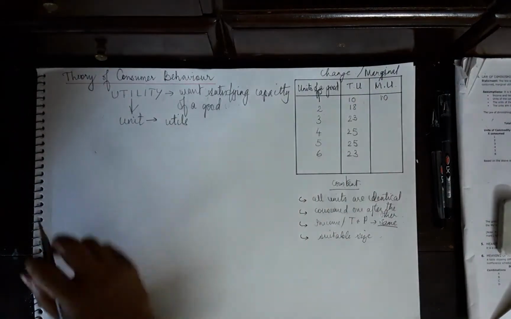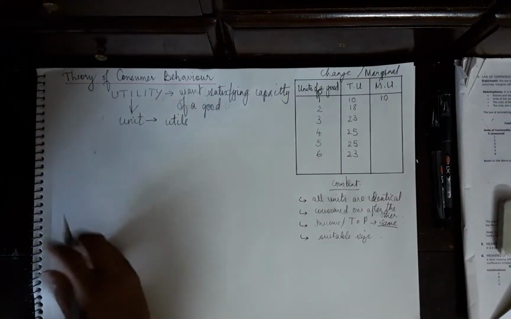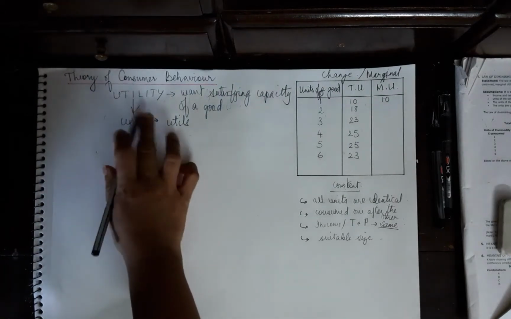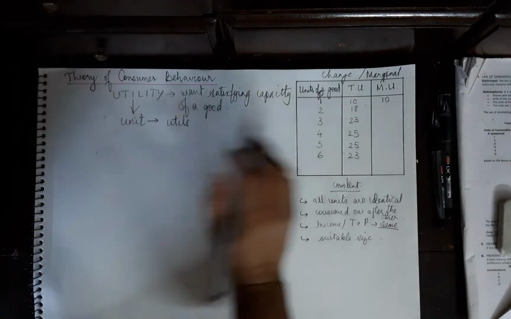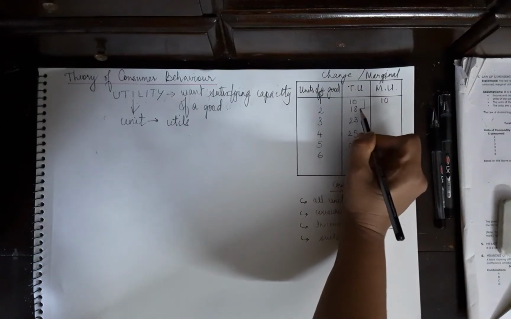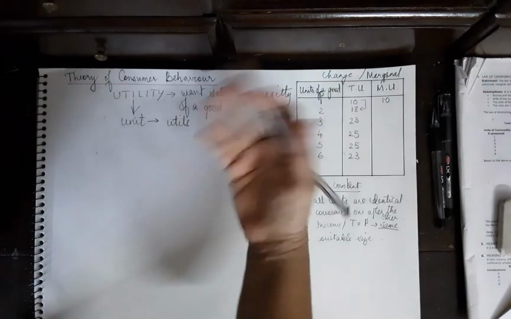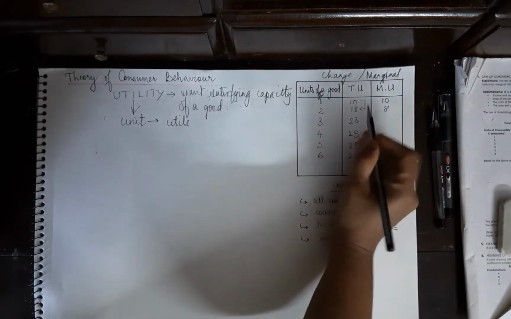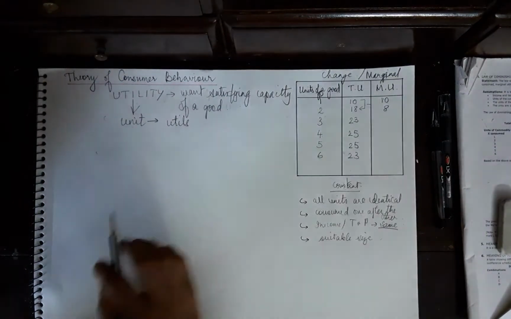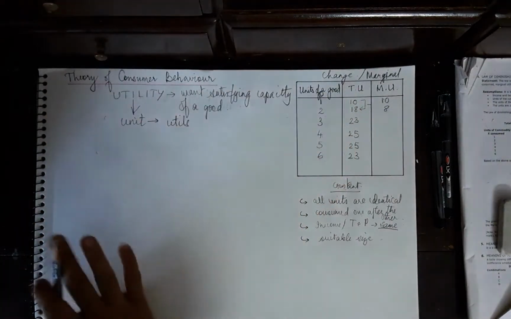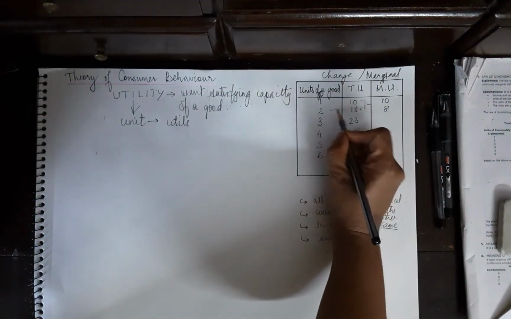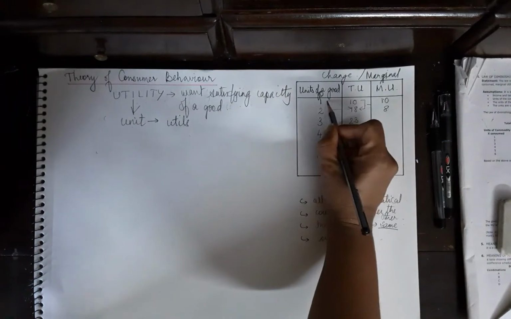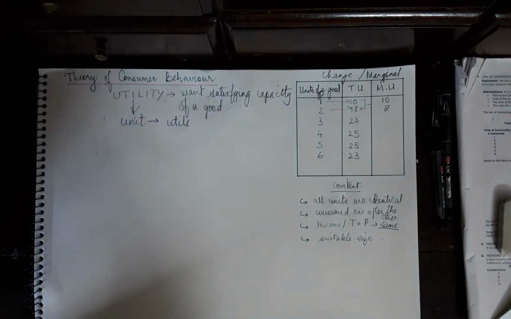It has changed by 10 utils. Remember again that the unit to measure utility is utils. Then from 10 I came to 18. That means additional utility over the previous one was 8. How do I get this 8? 18 minus 10, the one below minus the one above. That means utility at second unit minus the utility at first unit.